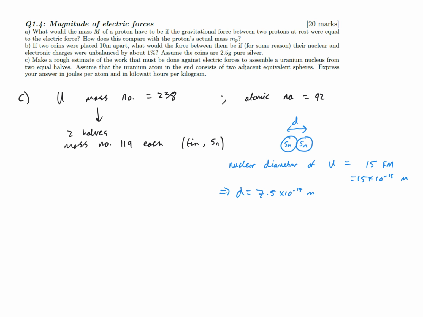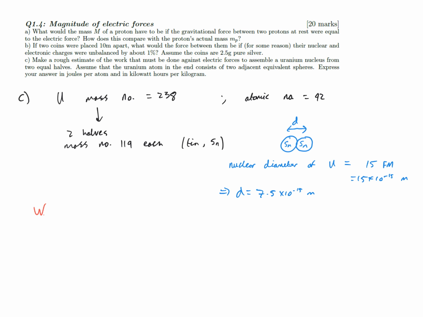So what we want to do is work out the work done to bring these nuclear halves of these two tin nuclei from very far apart, r equals infinity, to this distance d equals 7.5 times 10 to the minus 15 meters.